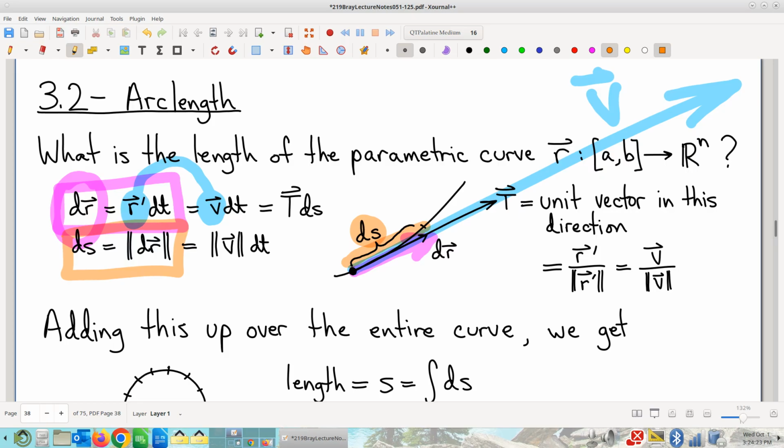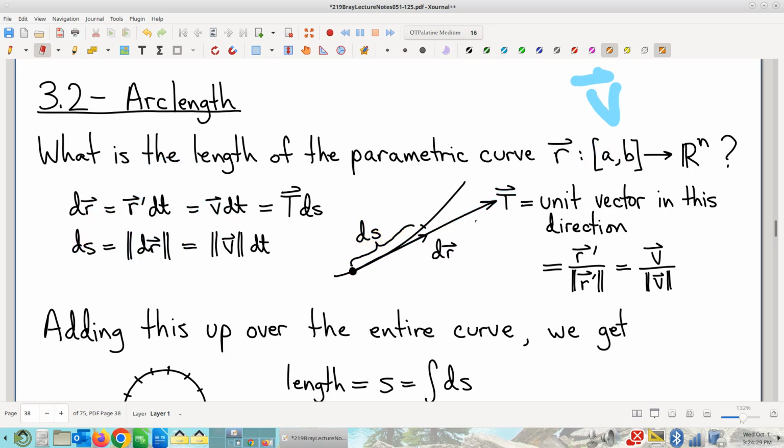Okay. All right. So there's one other player that we need to discuss here, and that is the unit tangent vector, capital T. Very useful in a lot of different circumstances. It comes up. Again, we'll see a lot of this in chapters 6 and 7.